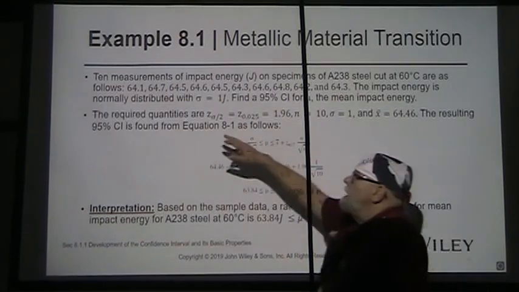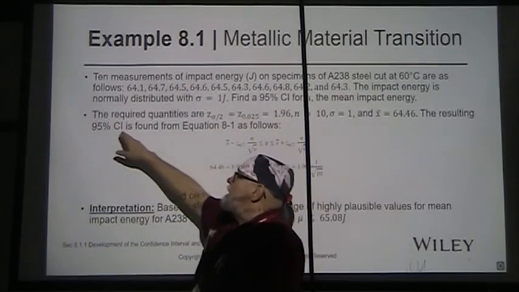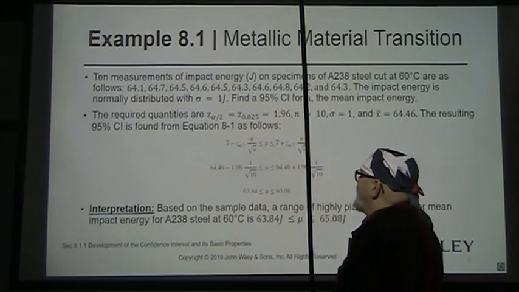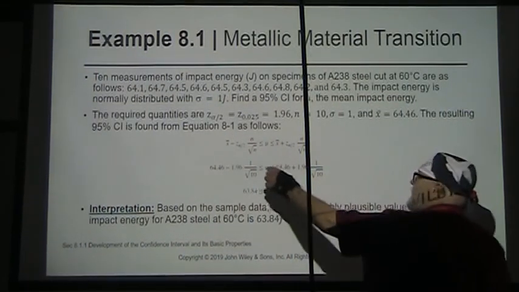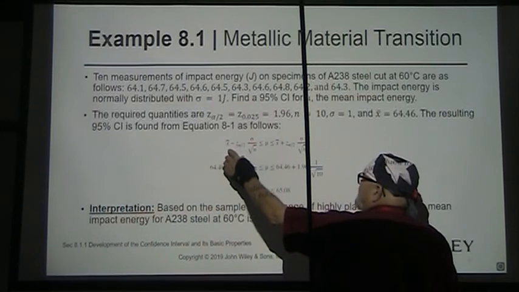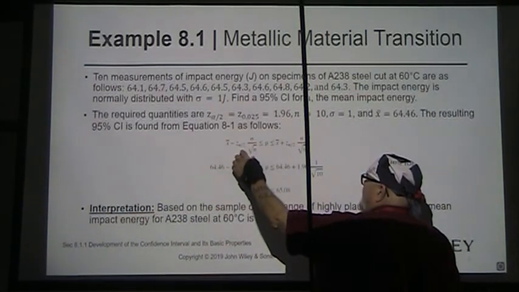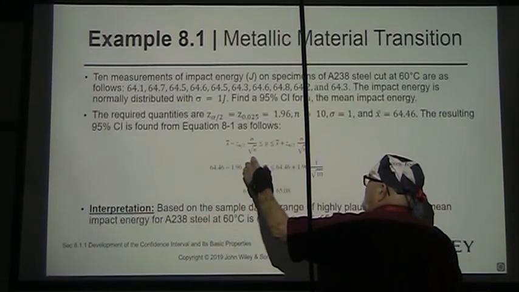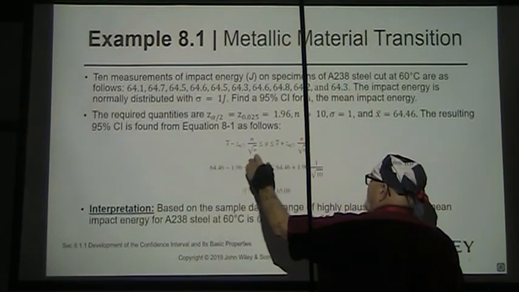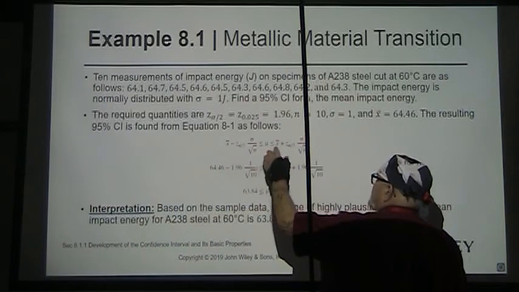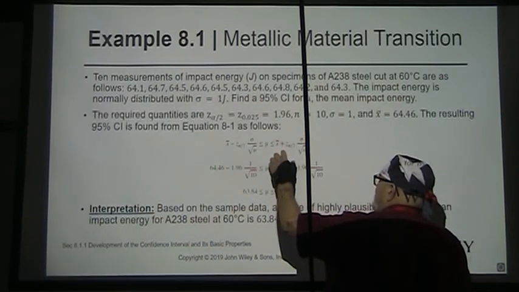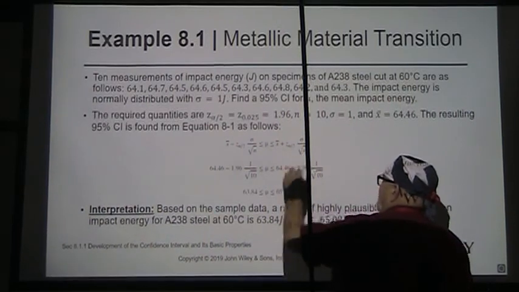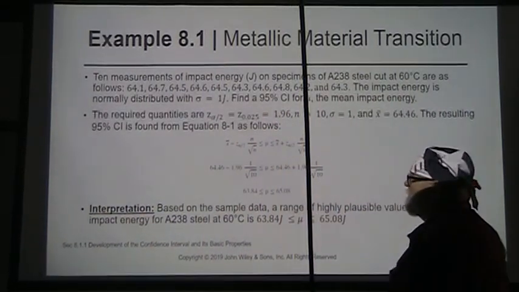So our resulting 95% confidence interval is found from equation 8-1: x bar minus z alpha divided by 2 times standard deviation divided by square root of n, less than or equal to mu, less than or equal to x bar plus z alpha divided by 2 times standard deviation divided by square root of n.